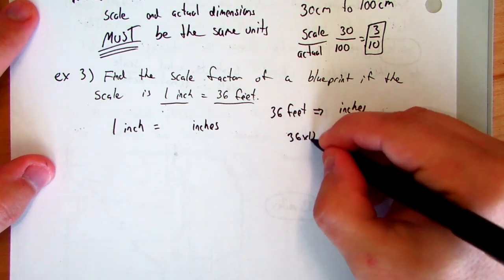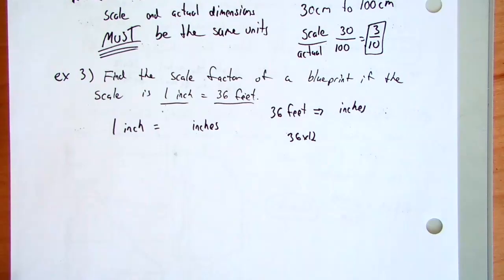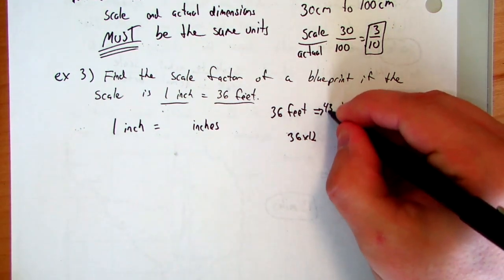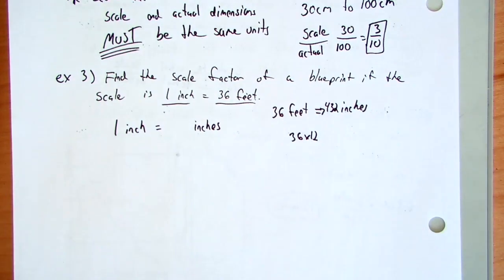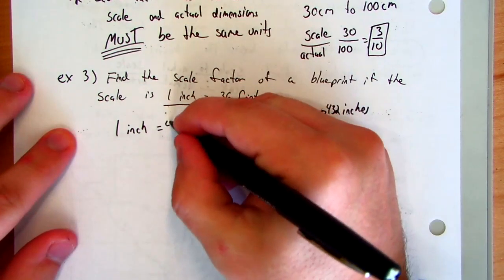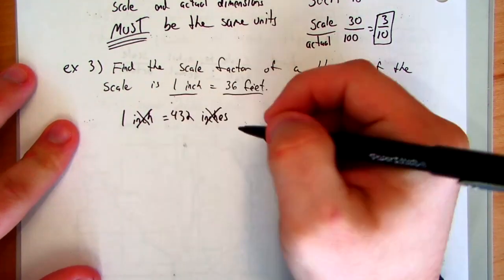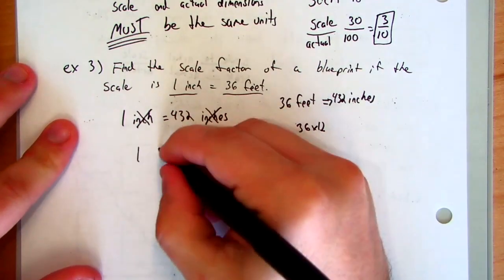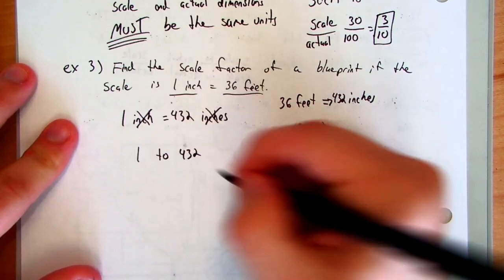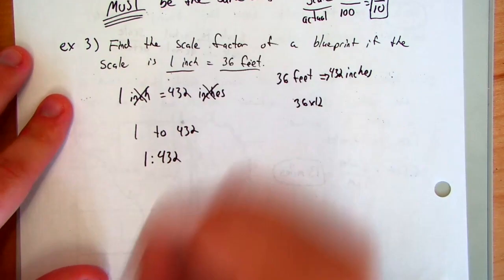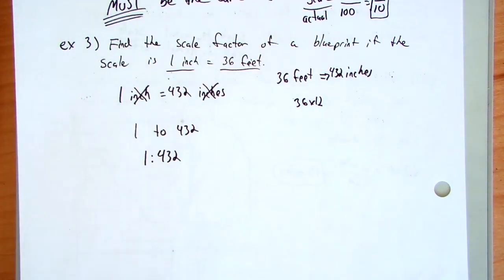Well, we do 36 times 12 because there are 12 inches in each foot. And that happens to be 432. So I'm going to put 432 here. Now, get rid of those units. So I can say either 1 to 432, or I can also write it as 1 colon 432.